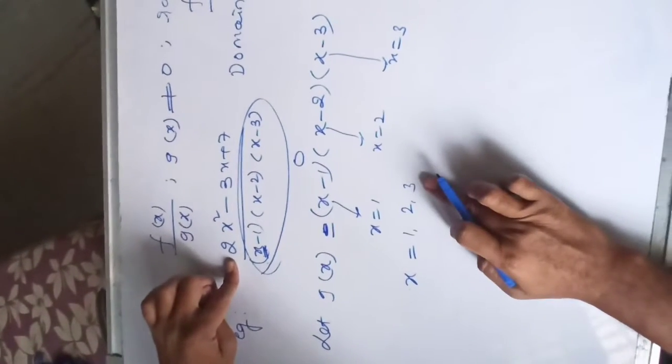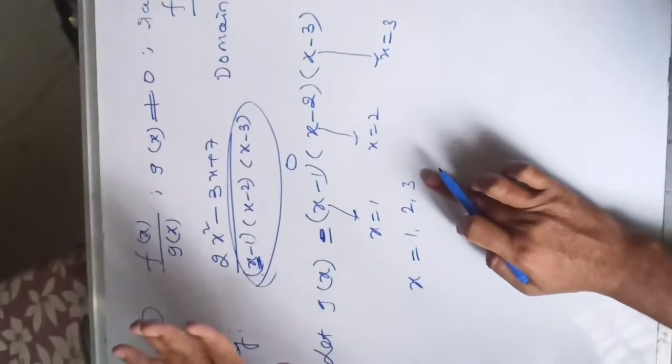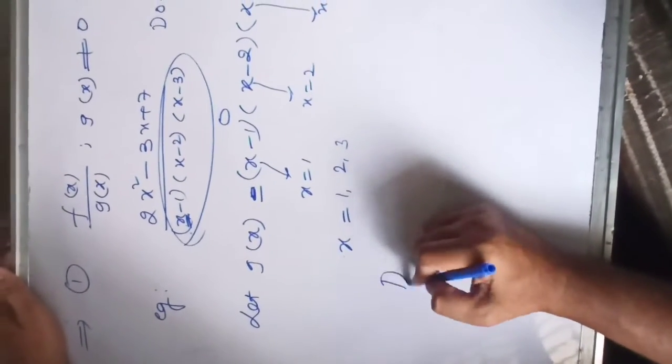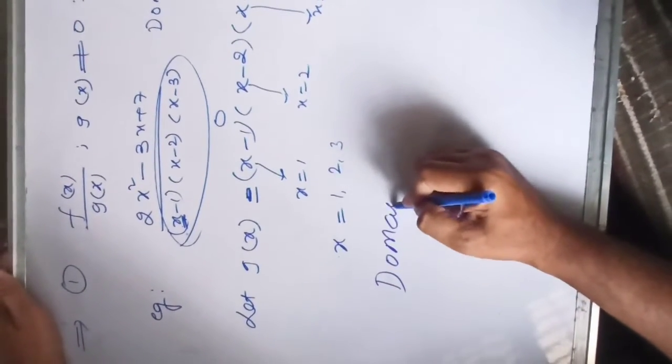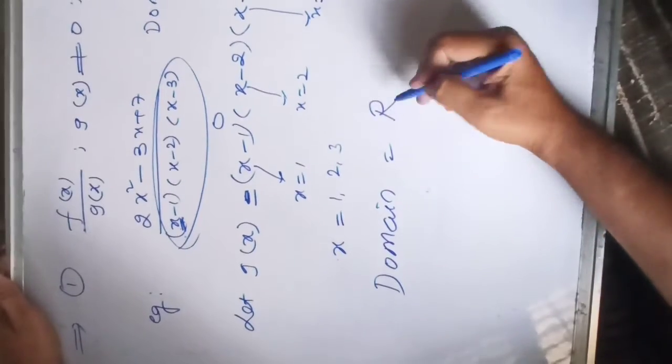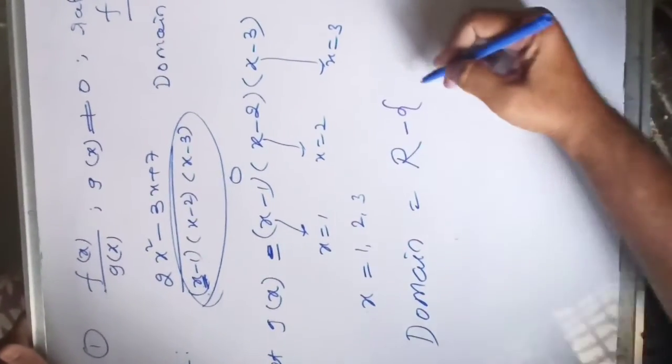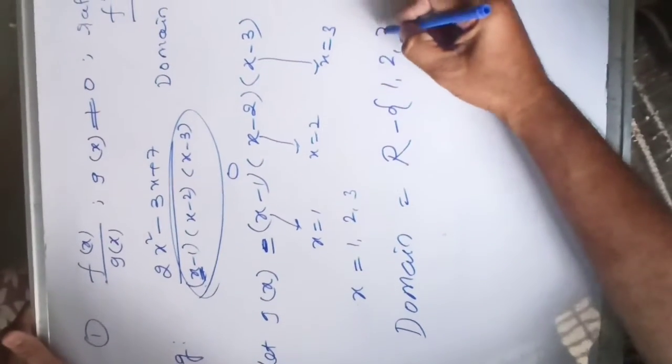Other than these three values, we can take any real number. So the domain of this function is the real numbers except 1, 2, 3.